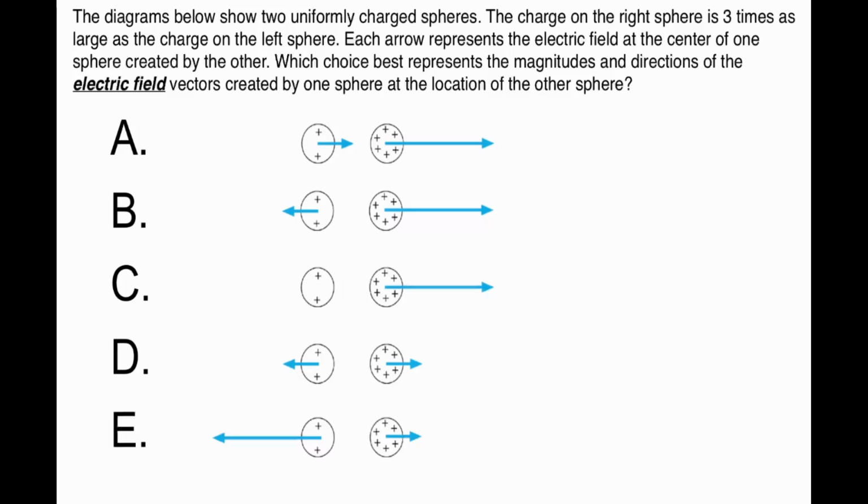If we're looking at C, then this arrow over here on the right is coming from the charge on the left. Does that make sense? So arrows on the left are coming from charges on the right. Arrows on the right are coming from charges on the left, right? I want you to pick the picture that is correct for the electric field from those charges.